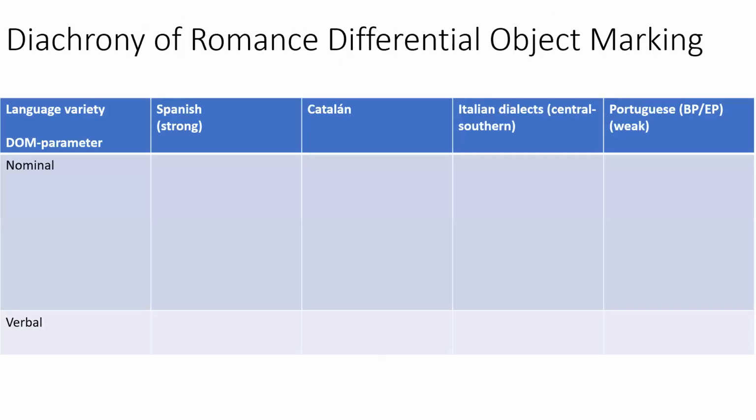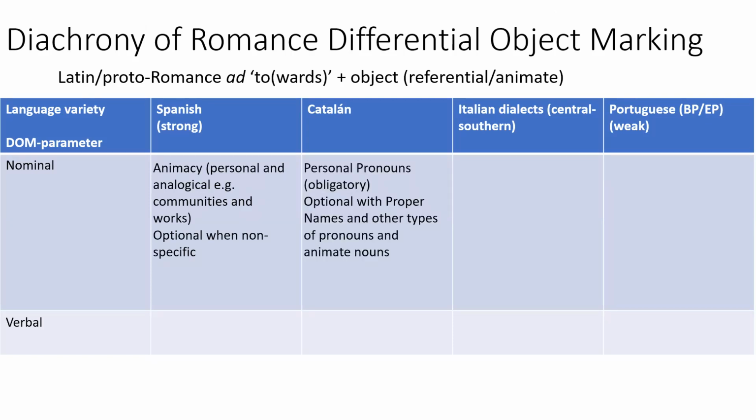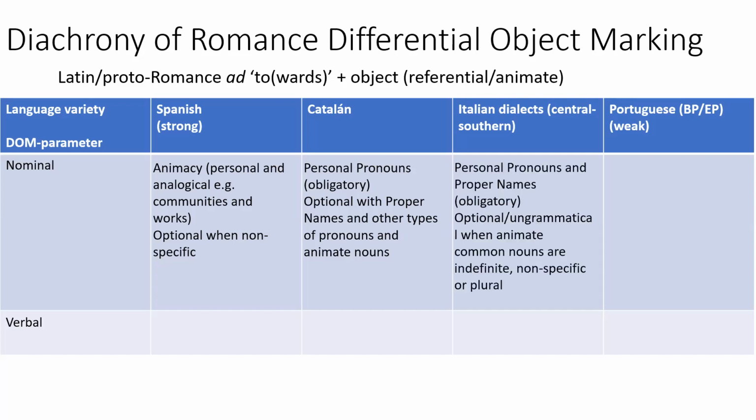So if you put all of these factors together, if you look at these parameters again, we've established Latin ad, which denotes elative motion. It selects objects that are either referential or animate. So in Spanish, as you can see, it's animacy. Catalan also animacy, or it's only obligatory on personal pronouns. Italian dialects, personal pronouns and proper names.